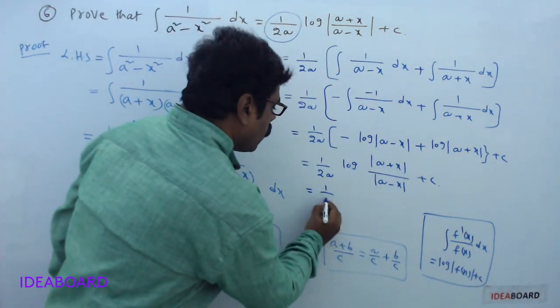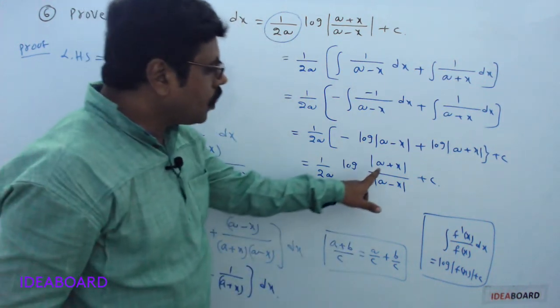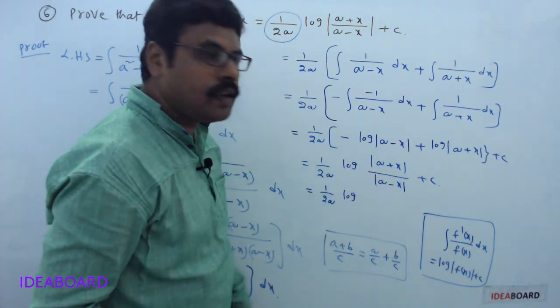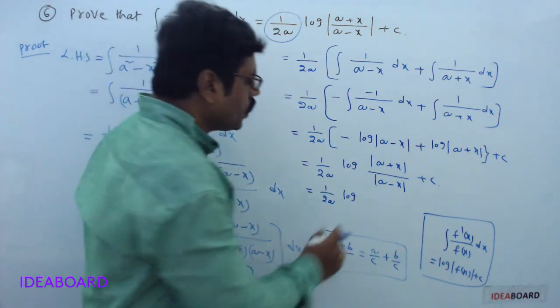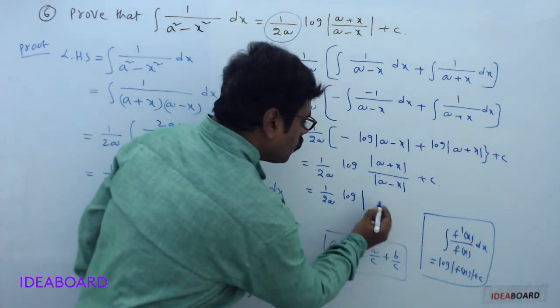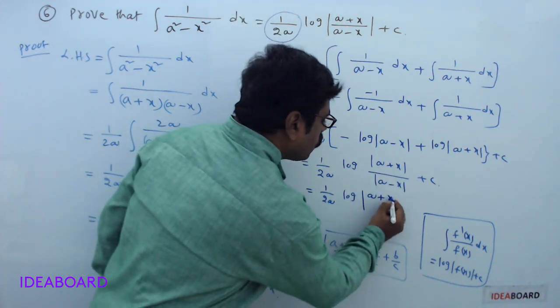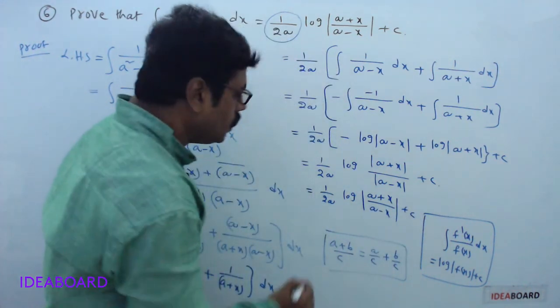So this is 1 divided by 2a into log of, here the mod function will be there for the numerator and the denominator. So you write down the modulus function for this entire numerator and denominator. So log modulus of (a plus x) divided by (a minus x) plus some constant c.